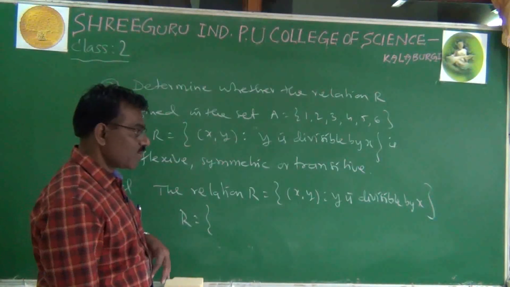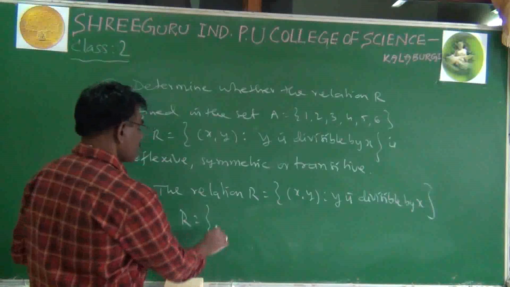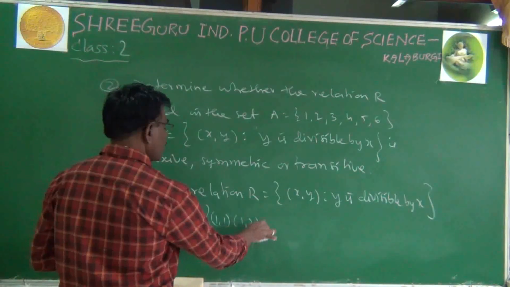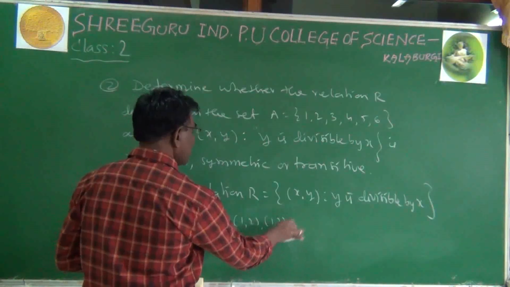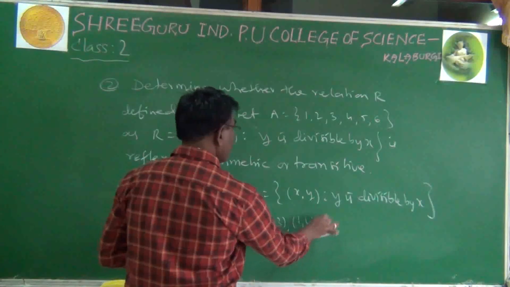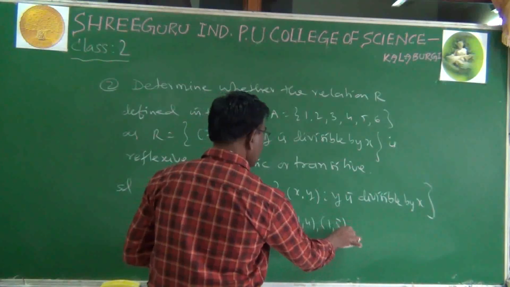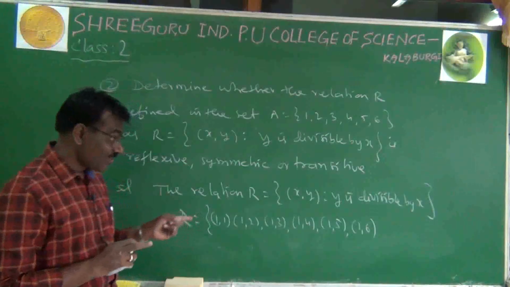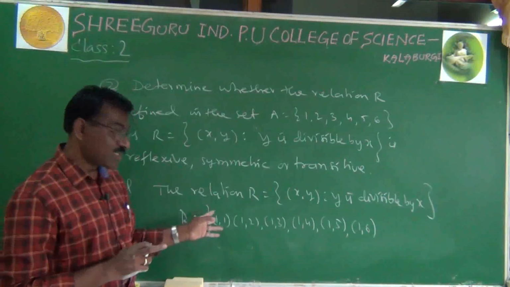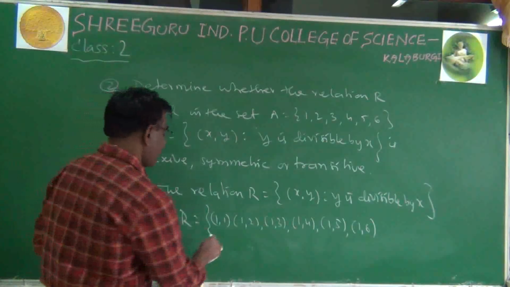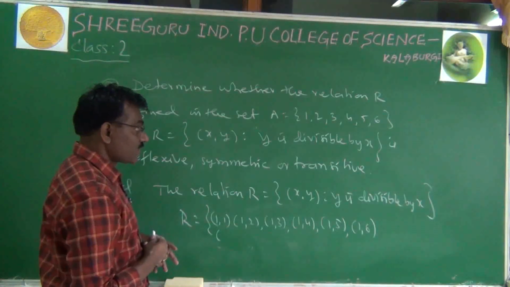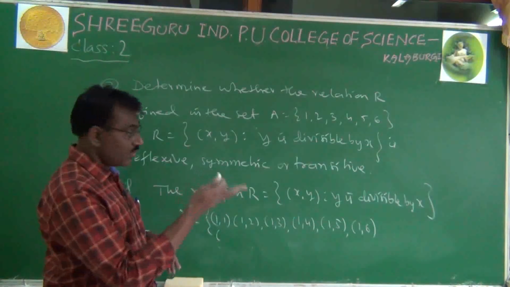Y is divisible by x, or x divides y. So what are the possibilities? (1, 1), (1, 2), (1, 3), (1, 4), (1, 5), (1, 6). Carefully, these are pairs where y is divisible by x. 1 divides 2, 3, 4, 5, 6.